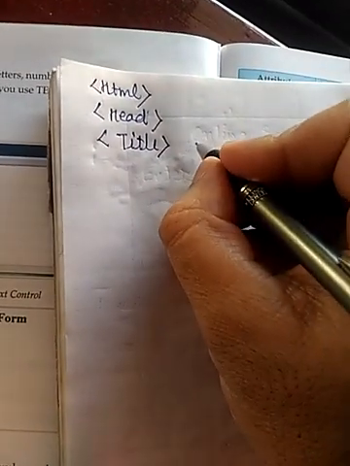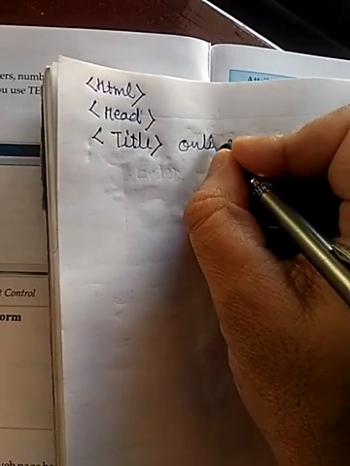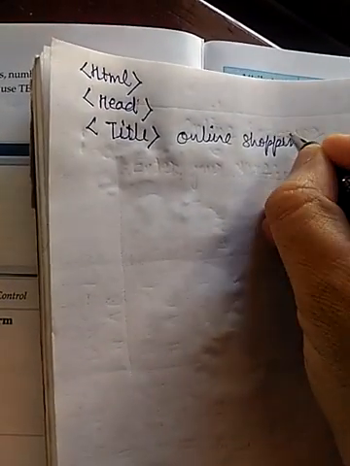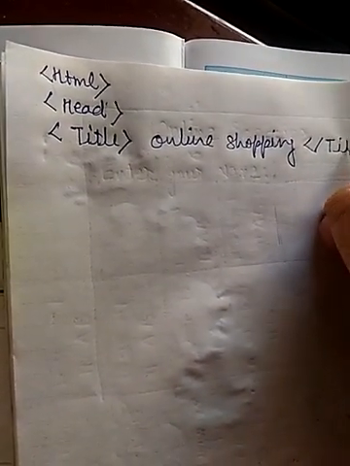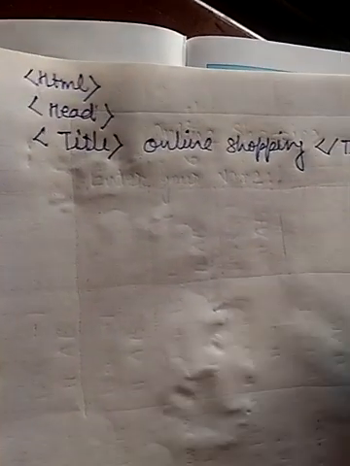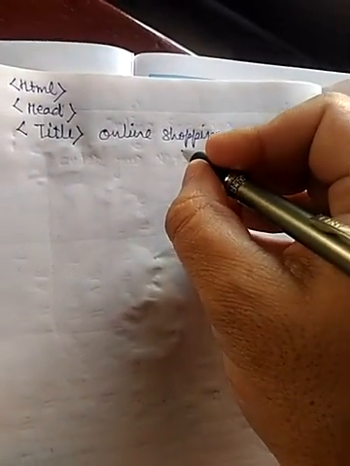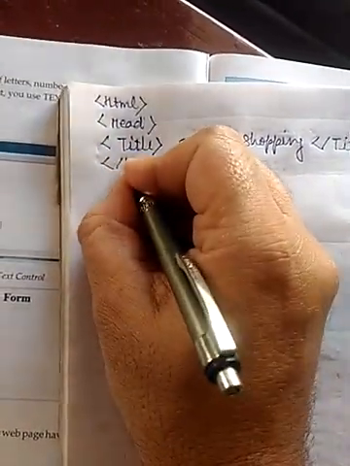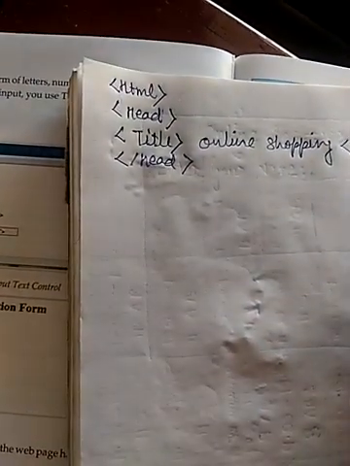Let us say the title is online shopping and the title close. Actually the content which we define in the title will appear on the title bar of your web page. After that head close, because the title tag is enclosed within head.